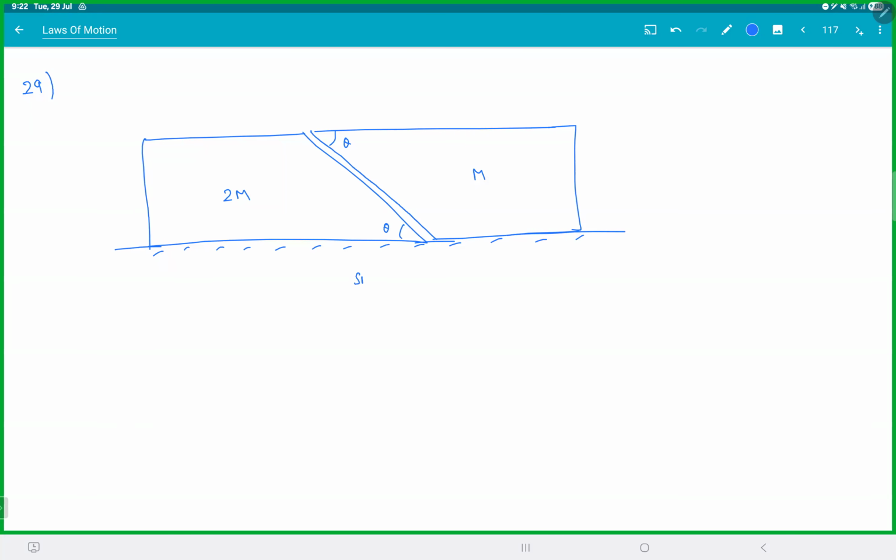The floor is smooth. Now you started pushing from the left hand side with the force 2F and you're pushing from the right hand side with the force F. All surfaces are smooth. So the surface between them is also smooth. Find the normal reaction between them.